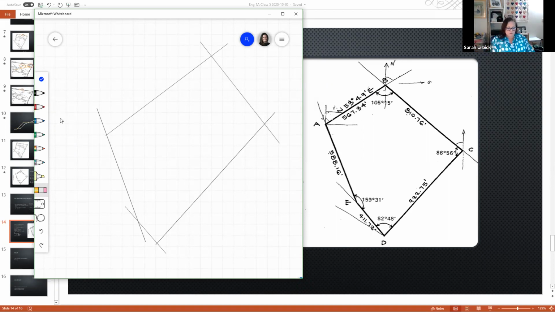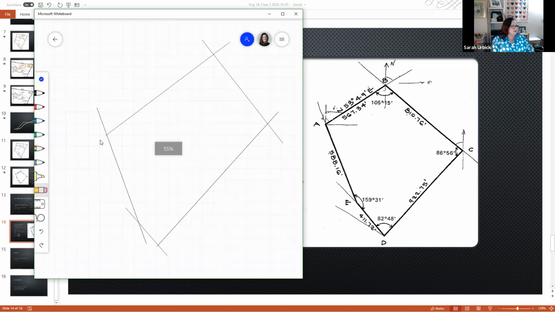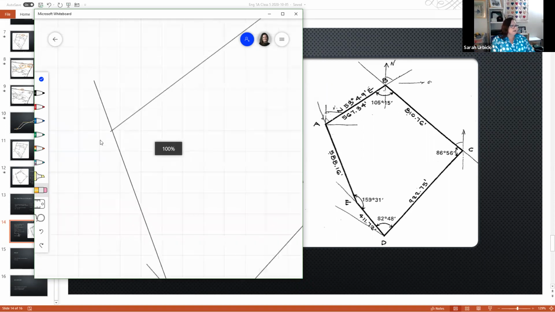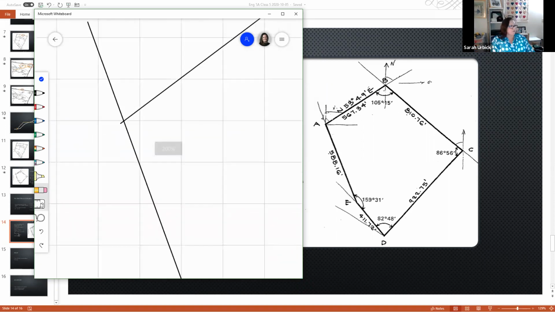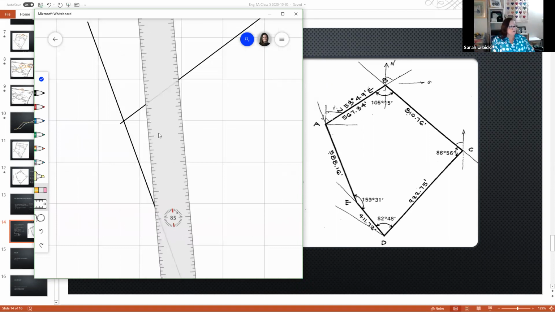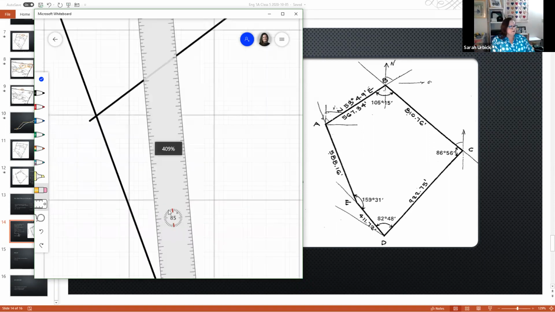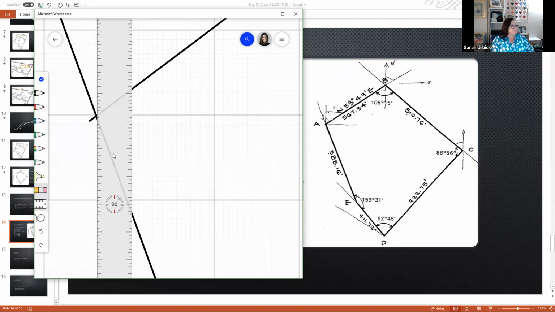So what I like to do is I'm going to zoom in here. I'm going to get my ruler back. So hopefully you guys are following along at home, doing this on paper. I want a straight up and down, so I'm at 90 degrees. I'm going to put this right over the top of my intersection. I'm going to do this in a different color so you can see how it stands out.